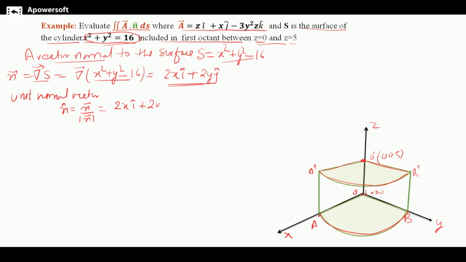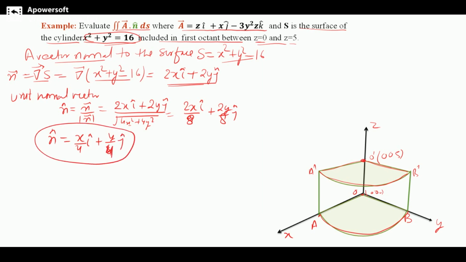Here we get 2xi plus 2yj over the square root of 4x square plus 4y square, and x square plus y square is 16, so we get 4 times 16, which is 64, and its root is 8. So 2xi upon 8 plus 2yj upon 8, or we can say the unit normal vector is x upon 4 i plus y upon 4 j.